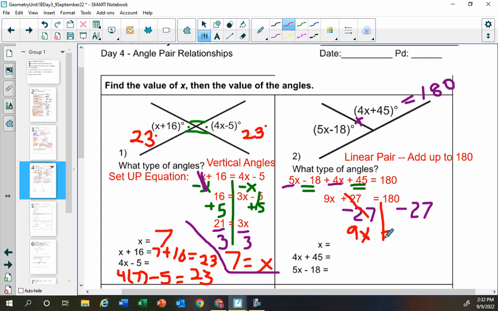9x is going to give you 153 divided by 9, which is 17. Exactly. Divide by 9. And then you're going to get x is 17. Good.